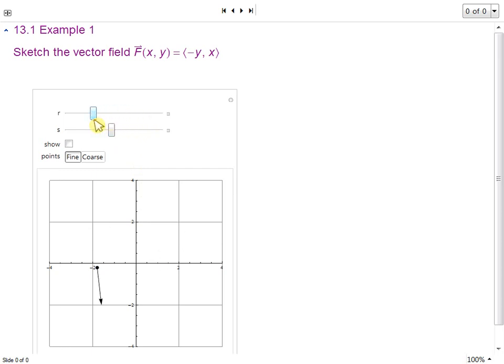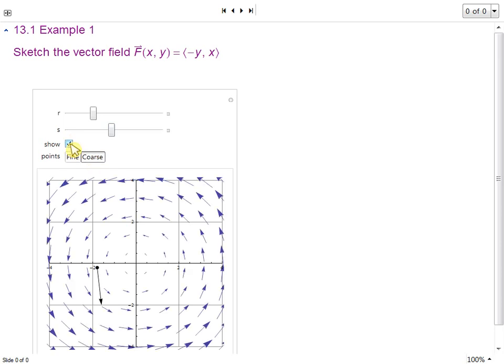So it's impossible for me to show you all the vectors, because if I show you all of them, the whole sheet would just look black. So what I can do is pick some arbitrary points and ask the computer to show me what the vector looks like at each of those points. These lengths are not true lengths, but you can see what's happening.